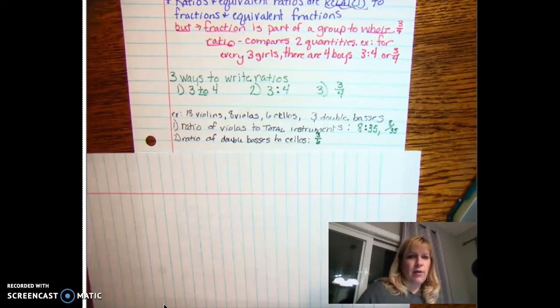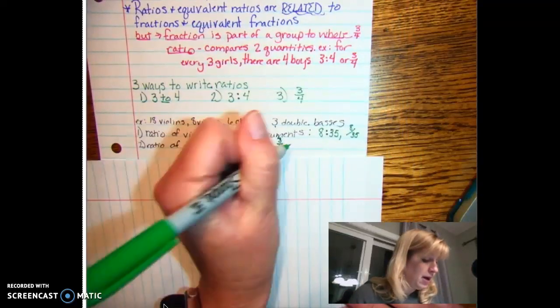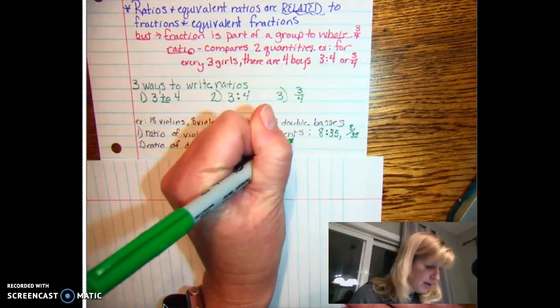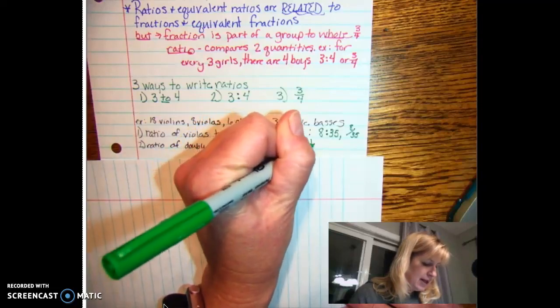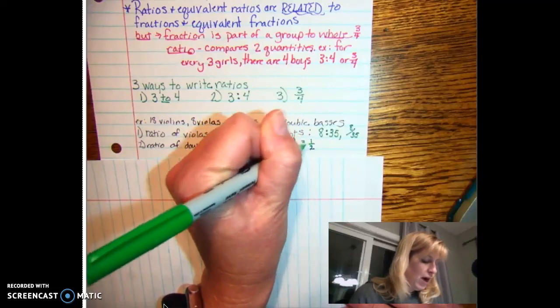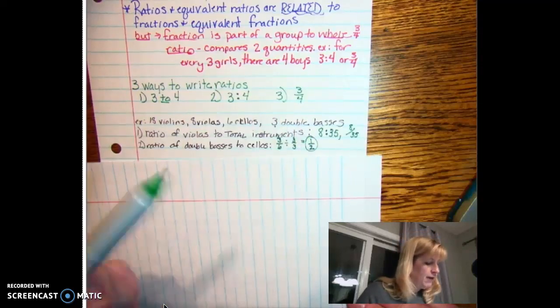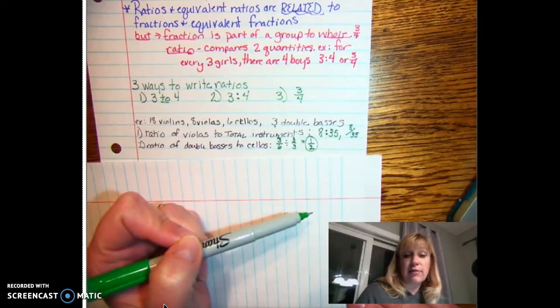Exactly. So you can simplify this. It's technically called an equivalent ratio by dividing the top and the bottom by that fancy form of 1, which will be a 3/3. And we are going to get, and you probably saw it right away, 1 to 2. So for every 1 double bass you add, you need 2 cellos.